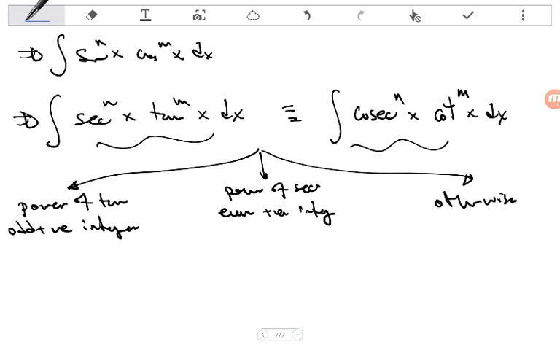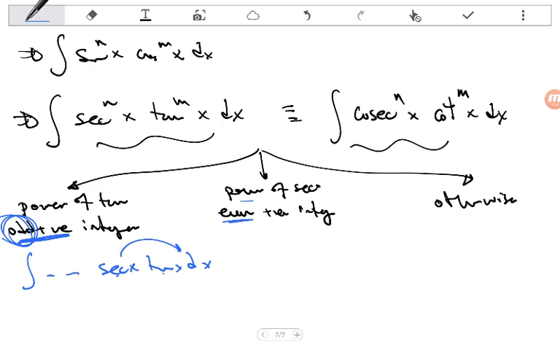If I have the power of tan odd positive integer, I take sec tan after the d. Whenever I find the power of tan is positive odd, I take sec multiplied by tan after the d.